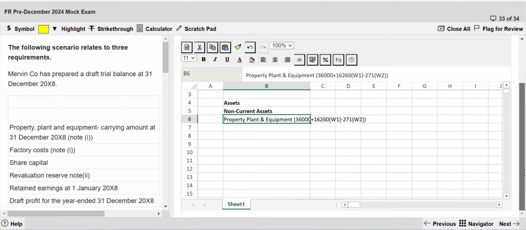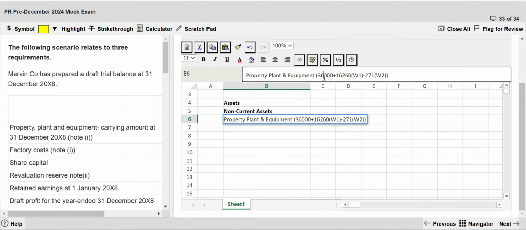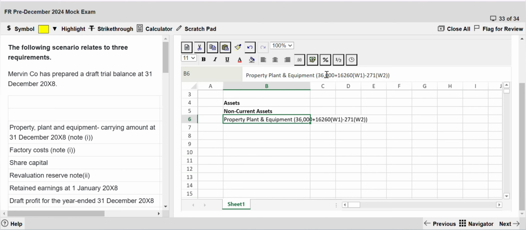So balance sheet 36,000 plus 16,260, show the numbers you are adding so that the examiner knows what numbers you are adding and where you are adding them from. That's not a mark, but I am just doing it for explanation purposes.